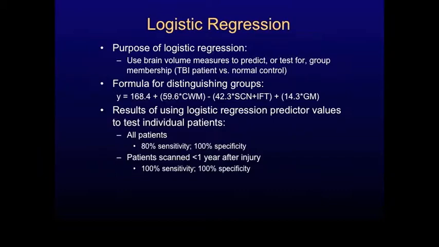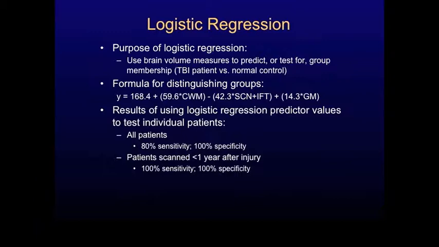And next, it's driven also quite a bit by the rapid enlargement of the lower brain regions, the SCN plus IFT. And then finally, toward the end of that equation, it's contributed to a little bit, but still significantly, by atrophy of gray matter. And so when you use this equation, you can come up with predictor values for each subject, each individual patient, or each individual normal.